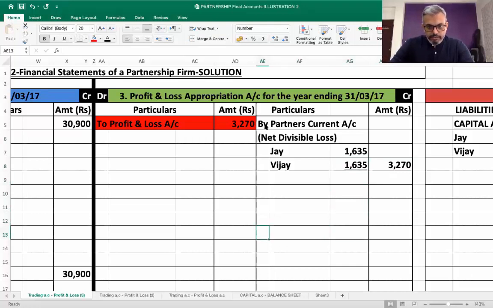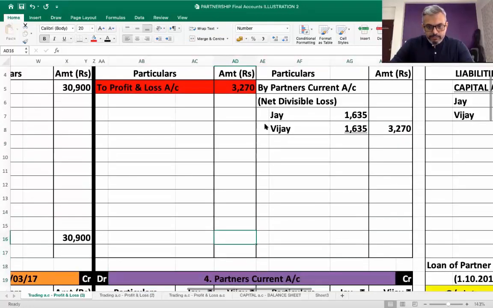Let's do the total. 3,270. Underline it. Double underline. Okay.